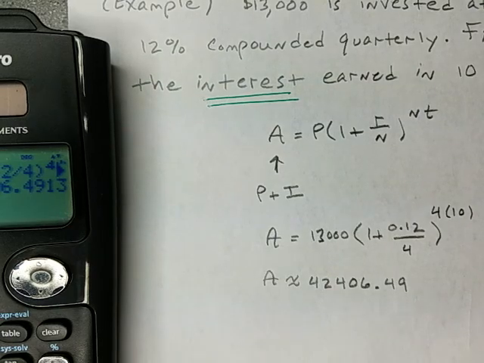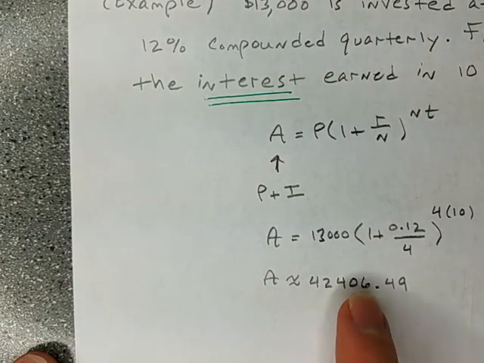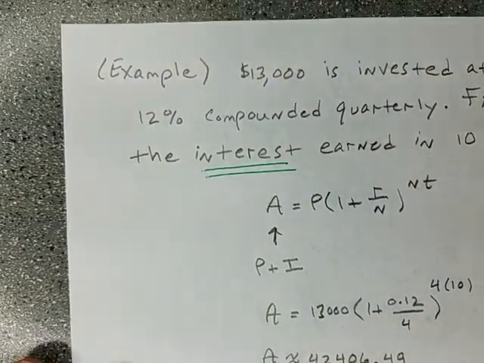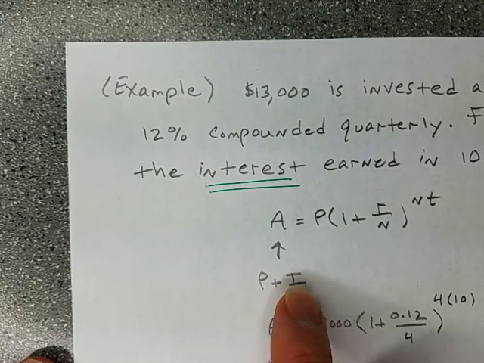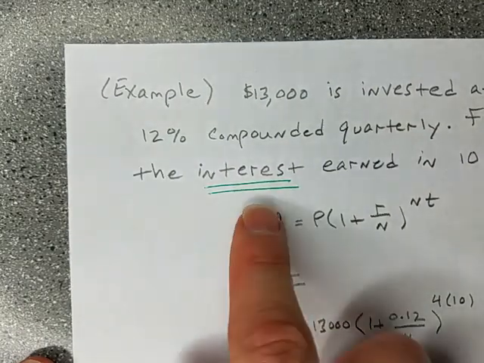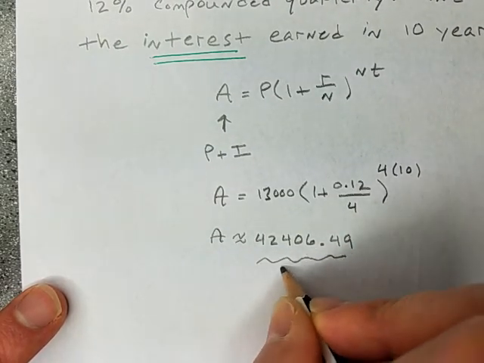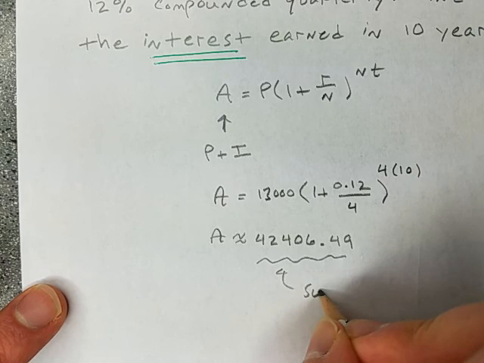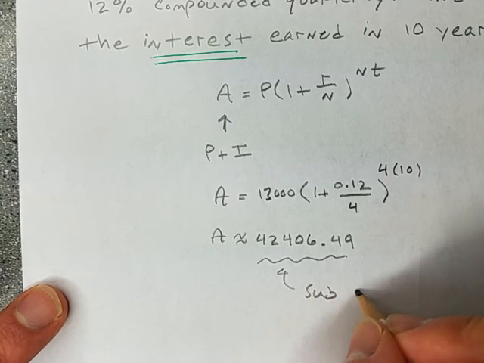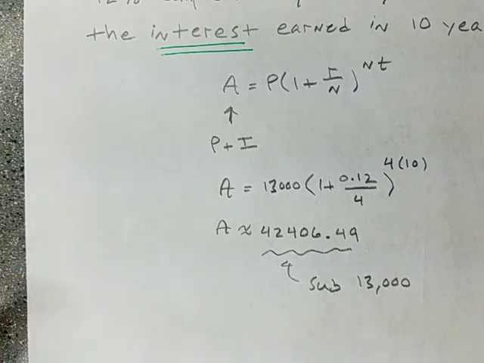Okay, now that's the total value in the account. This number is the principal I started with plus all the interest I earned along the way, and I want just the interest. So to get just the interest, I'm going to have to take this number and subtract the principal, which is 13,000. I've got the number here.